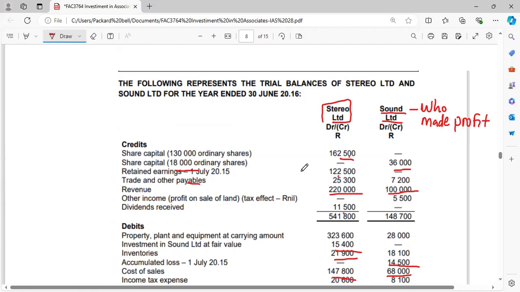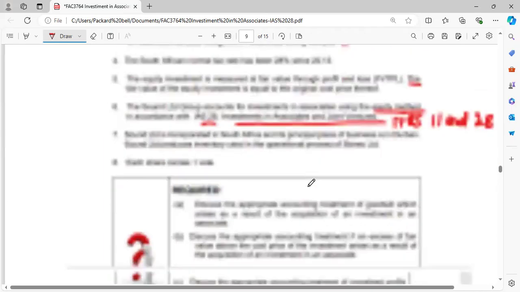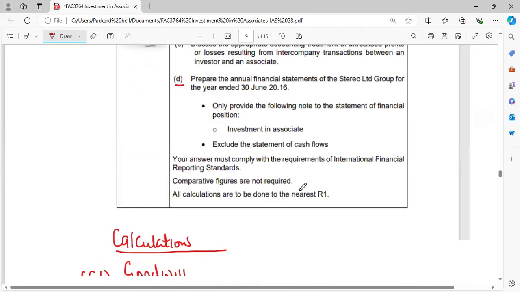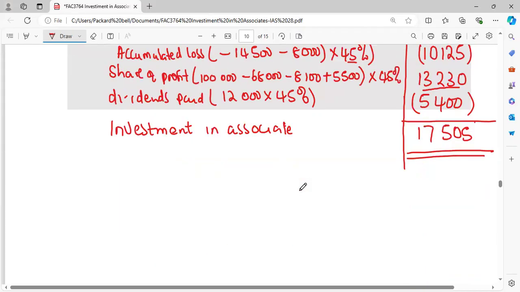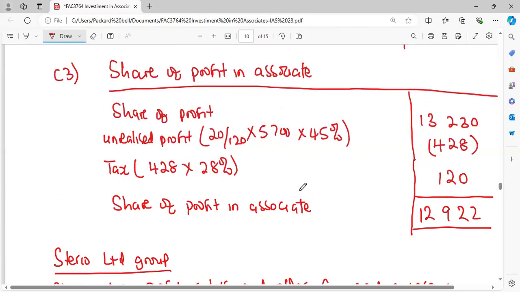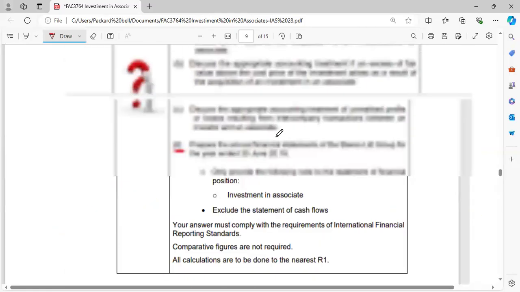So if he is the one who made the profit, then we need to adjust the tax effect in the profit and loss. But if not, then the tax effect is only going to be adjusted in the calculation for the share of profit in the associate.